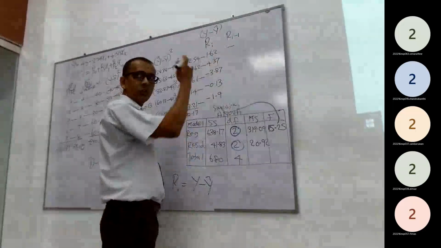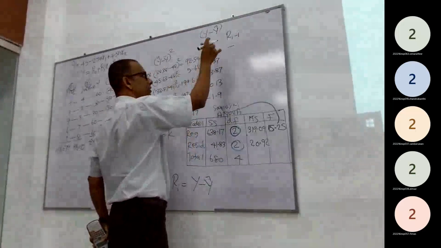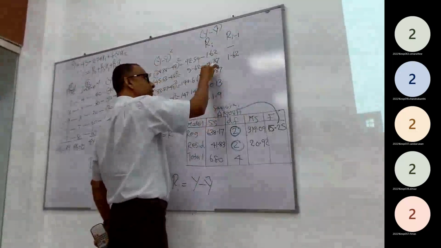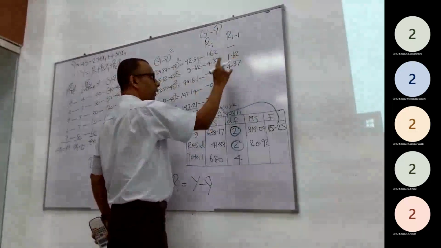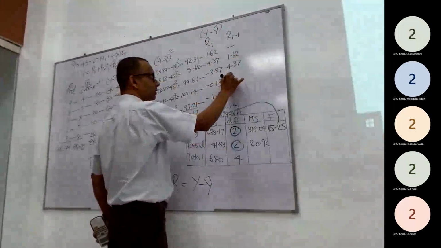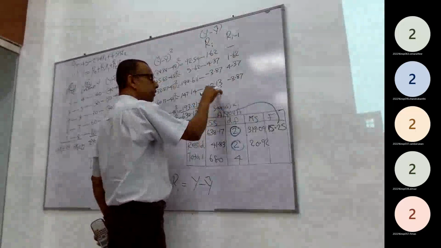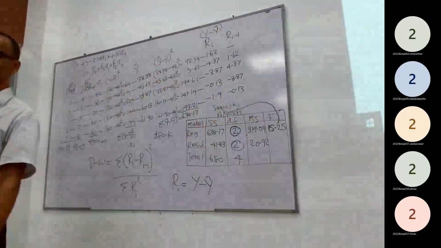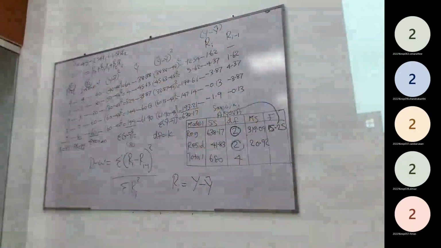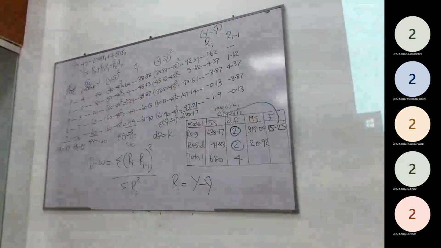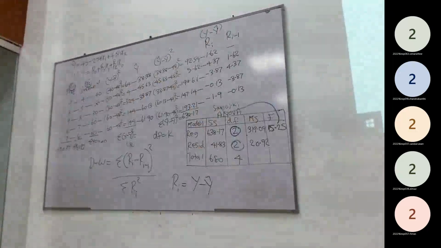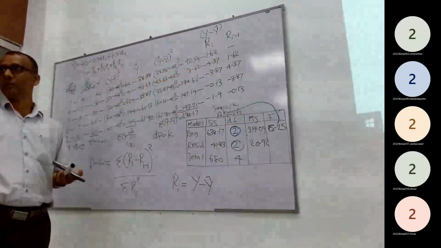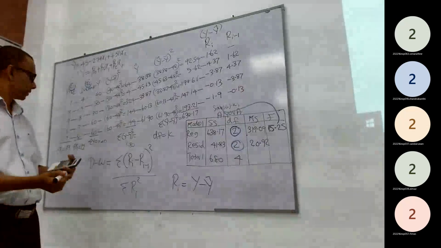For the first point it is blank, we don't have it. Next, the previous is 1.62, then previous 4.37, then previous minus 3.87, then the previous minus 0.13. Time period t and t minus 1. We test independence and dependence of residuals.